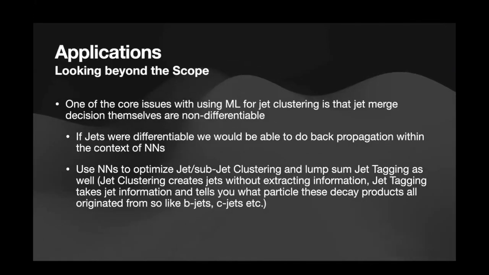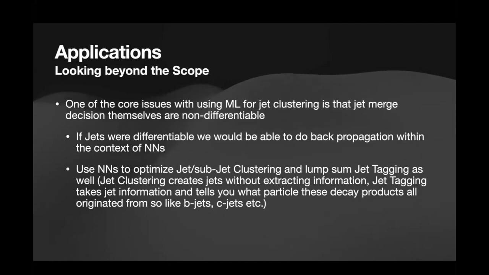So yeah, the idea is introducing differentiability into jets is really important because that's one of the core issues with using machine learning for jet clustering. The idea that jet merge decisions are non-differentiable means you can't necessarily use automatic differentiation or backpropagation.